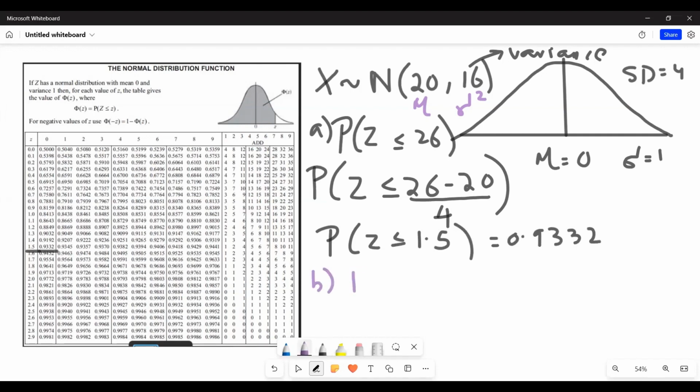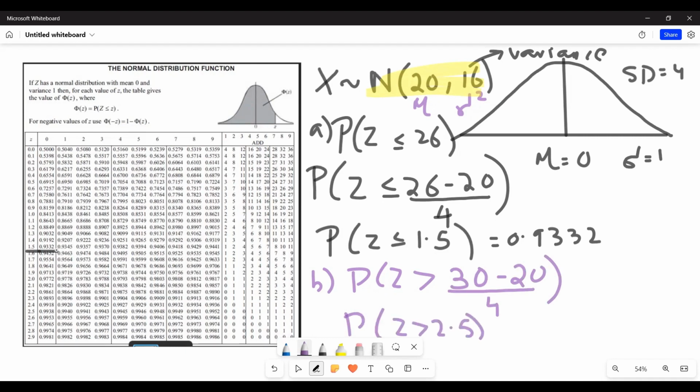Part B is probability X is greater than 30. So still the same distribution where mean is 20 and variance is 16. We subtract the mean, we divide by the standard deviation, which is 4, and we get probability Z is greater than 2.5.